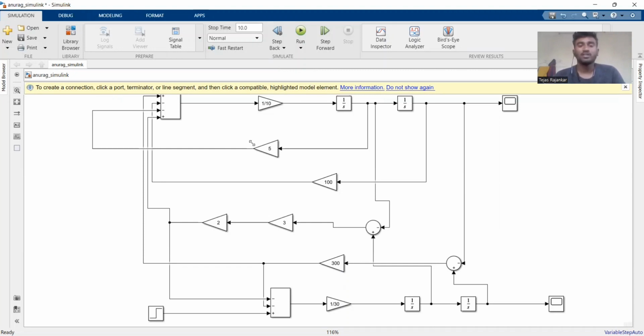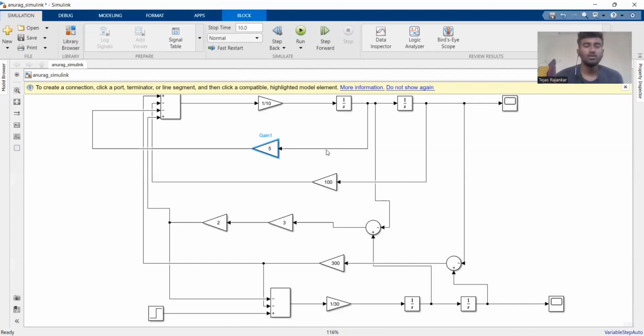To take the blocks, there are two methods: either go to the library and search the blocks, or double tap on the screen and search. After that, we have to set the step time and stop time. So this was the introductory part of Simulink.